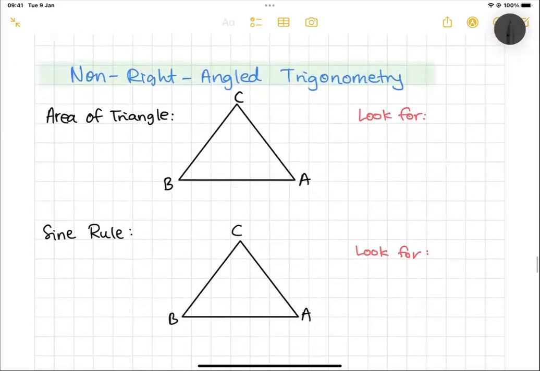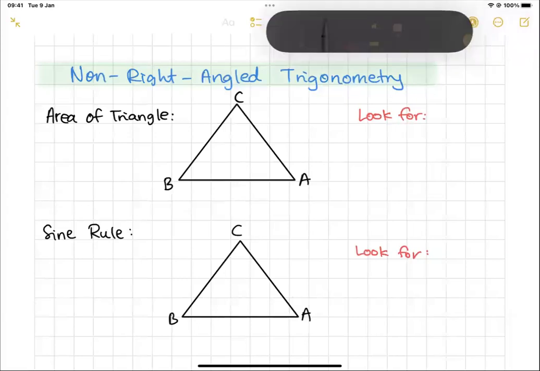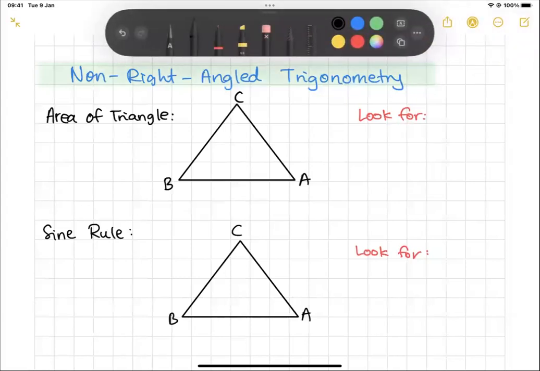Let's delve into non-right-angled trigonometry. So area of a triangle. We need to look for a specific thing to know when to use the area of a triangle. So let's say we know what angle C is, and we know what angle B and what angle A is.